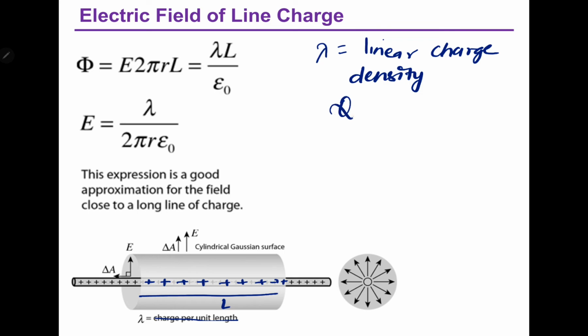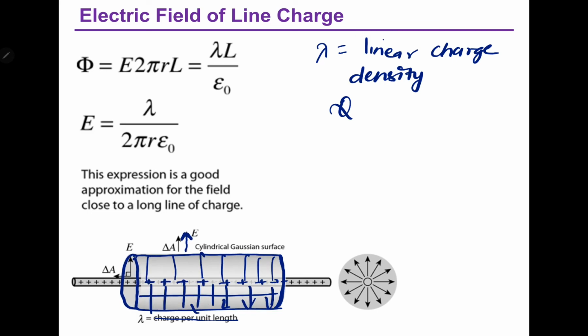What will be the total charge enclosed by this Gaussian surface? It should be like a cylinder, of course, cylindrical. This is the Gaussian surface. The electric field lines will be coming out, it's like a cylinder, and the electric field lines will be perpendicular to this cylindrical surface on all sides.